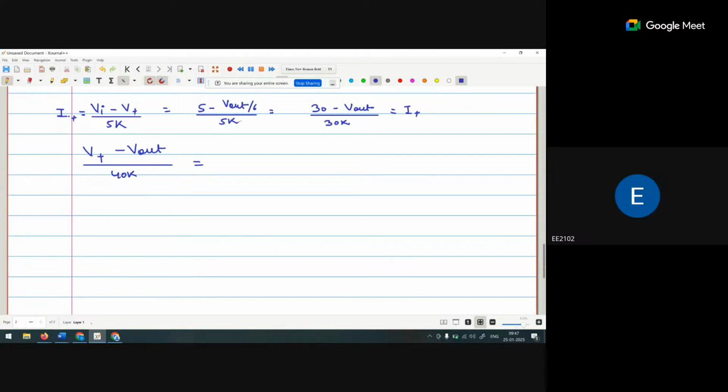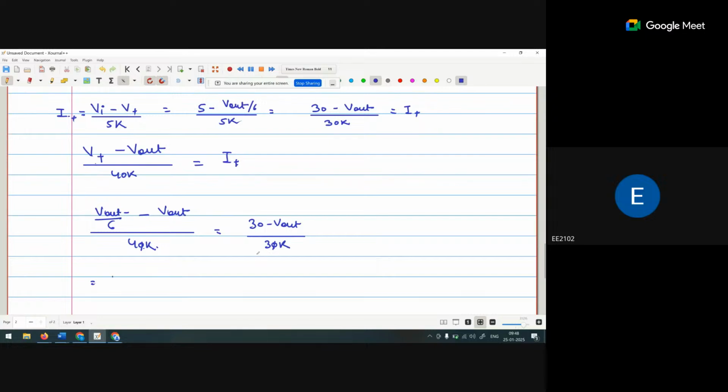That is also equal to the I positive current. So V positive value V out by 6 minus V out upon 40K is equal to 30 minus V out upon 30K. So this is a 3 by 4.